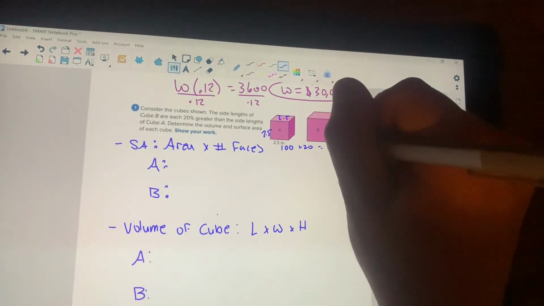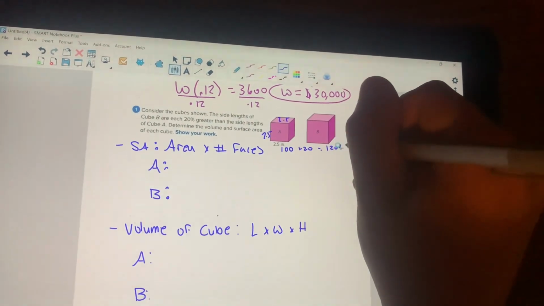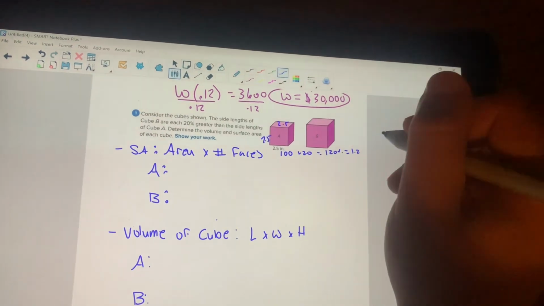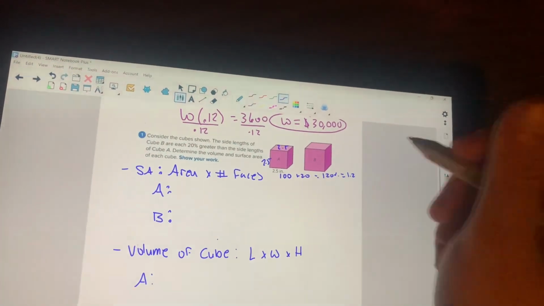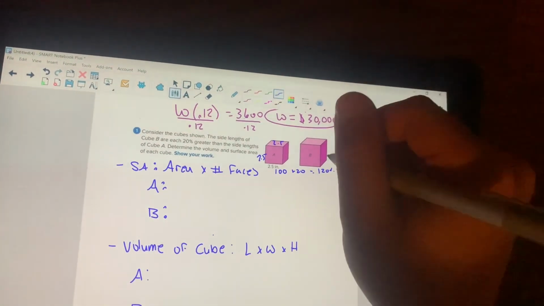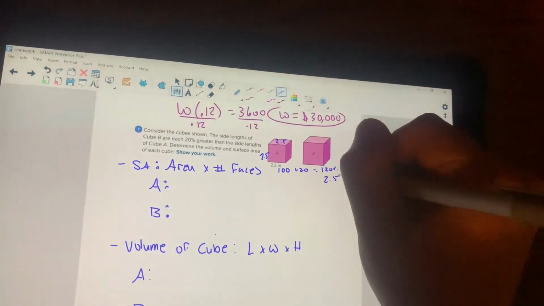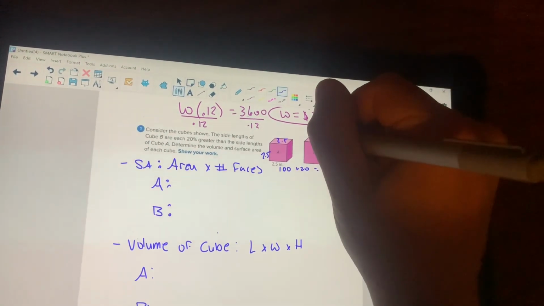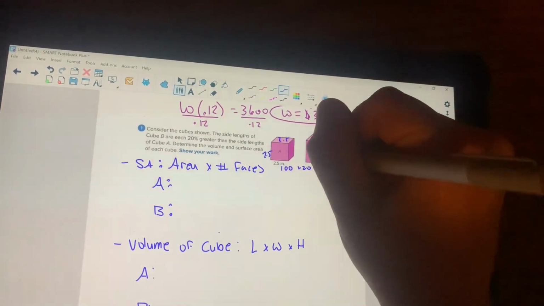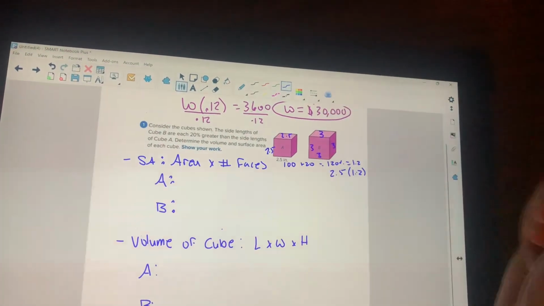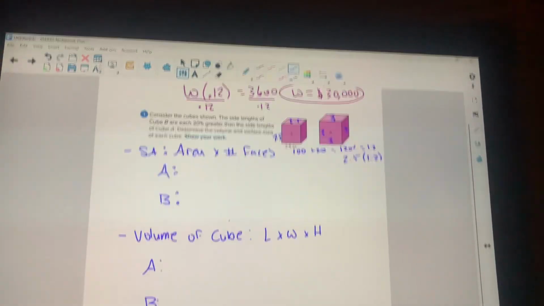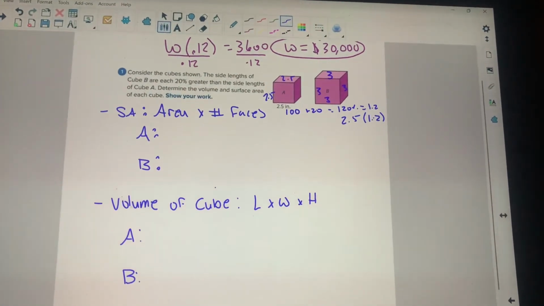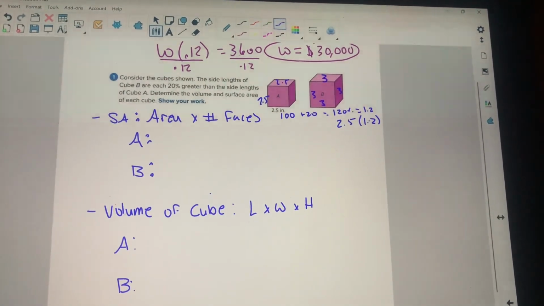That's going to get me 120%, which is equal to 1.2. Now to figure out the side lengths for that, I take the original side lengths, which is 2.5 inches, multiply that by 1.2, and that is going to mean each side length has a measurement of 3. Okay, so now we figured that out. That's the hardest part. Now we just have to plug some stuff in.